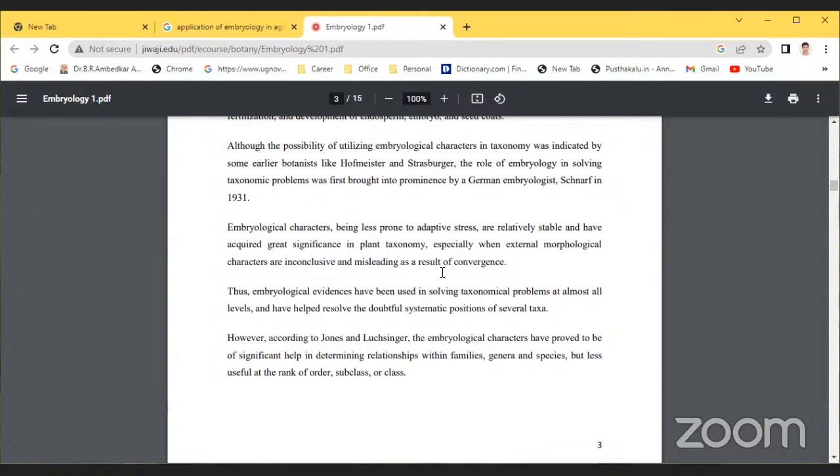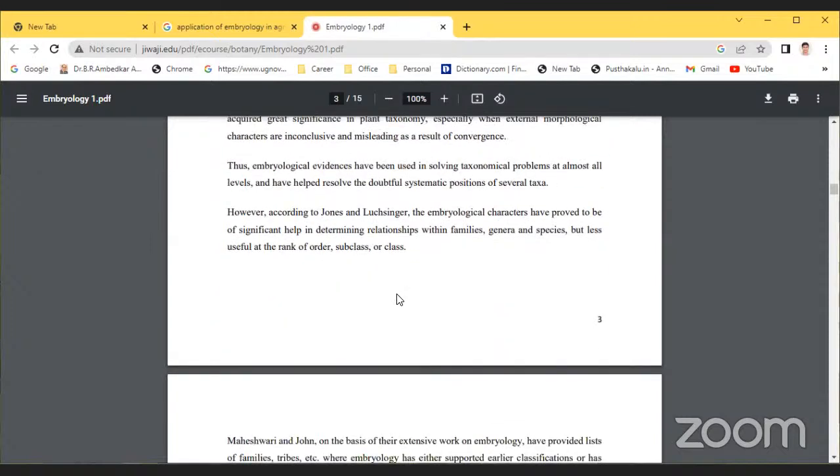So, the embryological evidence has been used in solving taxonomical problems at almost all levels and has helped resolve doubtful systematic positions of several taxa. However, according to Johri and Leishinger, the embryological characters have proved to be of significant help in determining relationships in families, genera, and species.